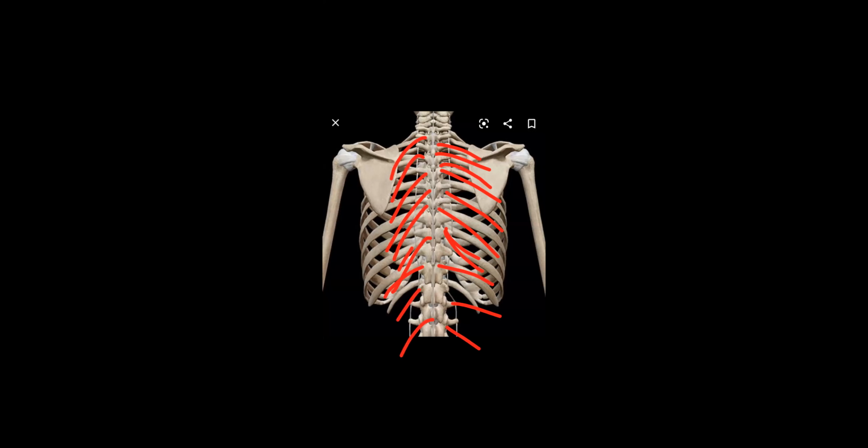So vertebral column provides surface for attachment to the muscles, skeletal muscles particularly, I should say. Skeletal muscles को attachment का surface मिलता है. Last 2 points.